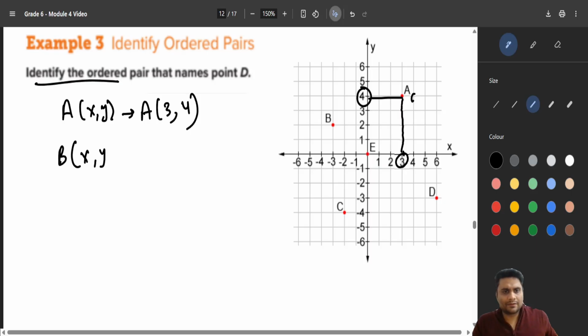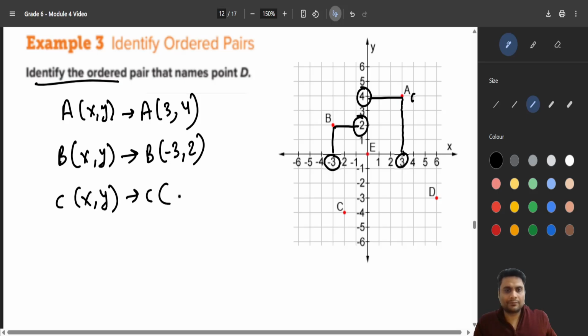B, check the B. How much in x? Minus 3. And how much in y? 2. So the B will become minus 3 comma 2. C xy will become, check the C, in x how much?